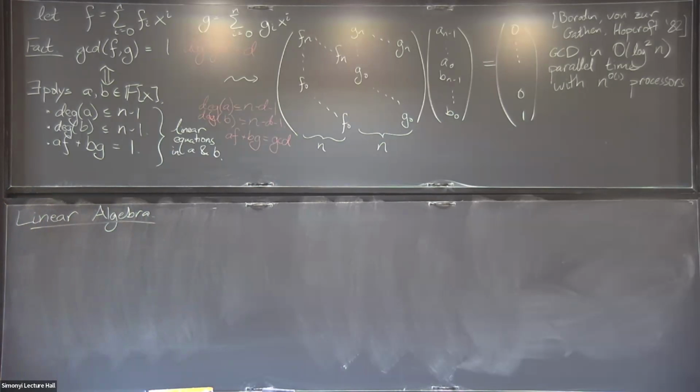I claim that we can do a lot of interesting things in linear algebra in this NC2, this log squared depth. But how would we actually do that? If I want to invert a matrix, it's not so clear how you would do this in parallel. How would you even compute the determinant in parallel? That part's not even so clear. So let's start with something extremely basic, just to sanity check ourselves.